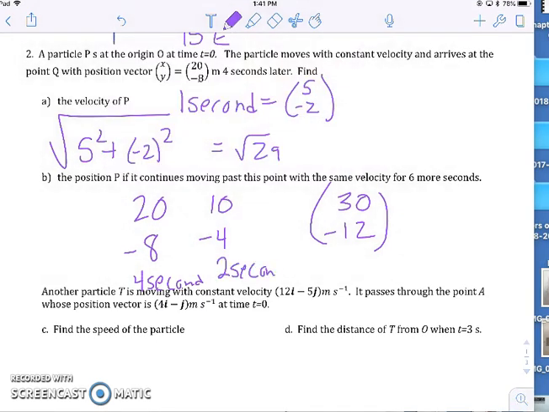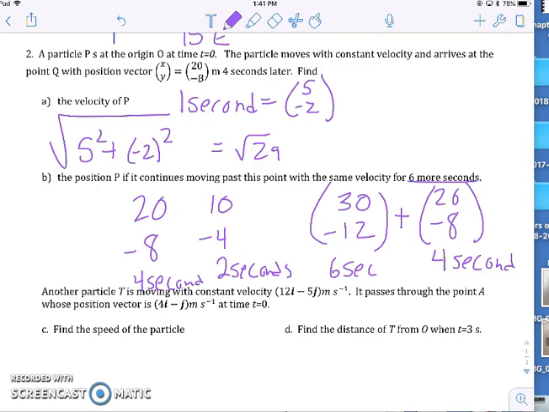But we have to add it to the original, because we need a total of 10 seconds, so we have to have another 4 seconds on there. So we have to add the 20 and -8, because this is 6 seconds now, and this would be another 4 seconds. Because we have to have a total of 10, because 6 more, so our total is 10. So we have 50 and -20.